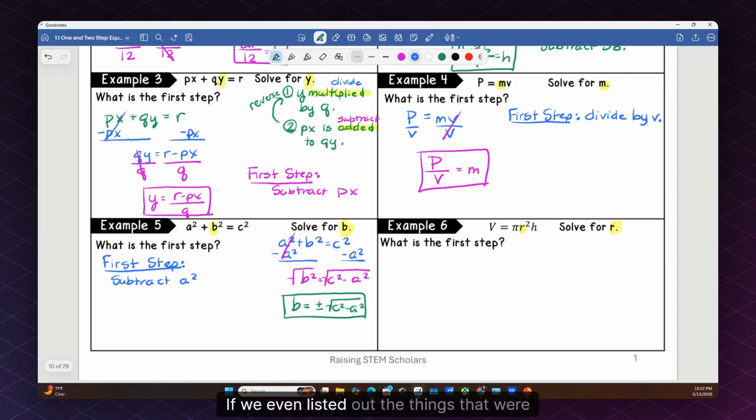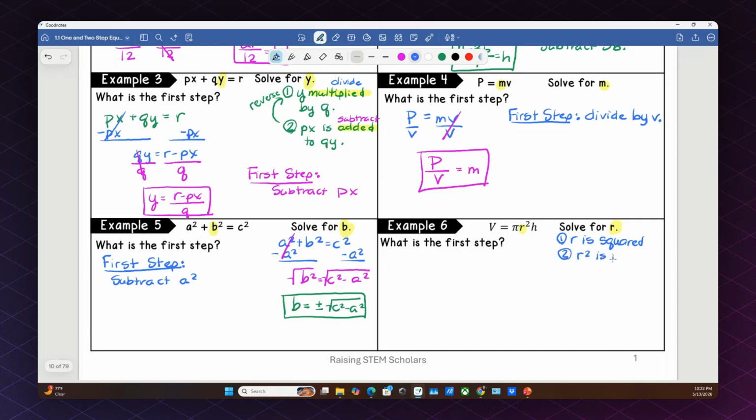If we even listed out the things that are by r, we have: r is squared, and r squared is multiplied by pi and h.